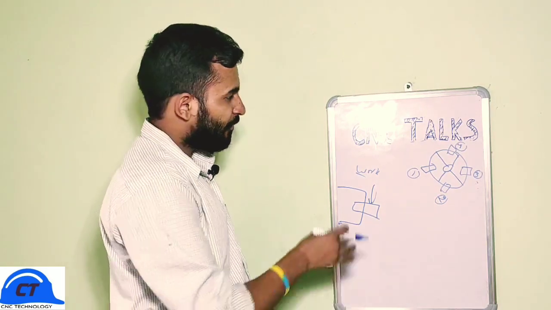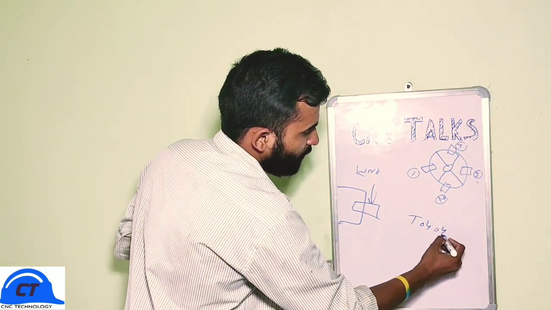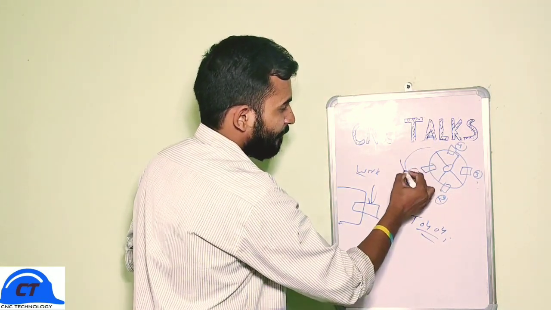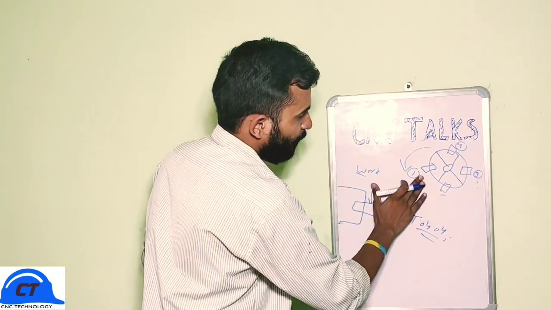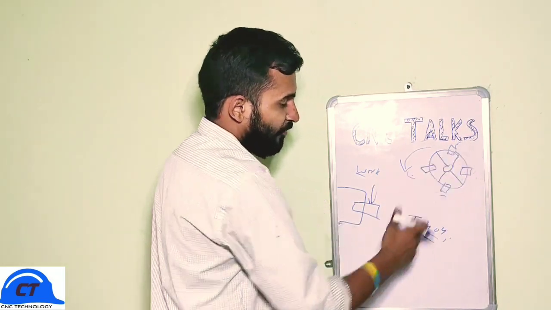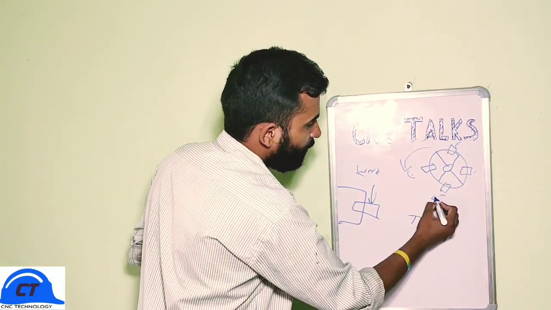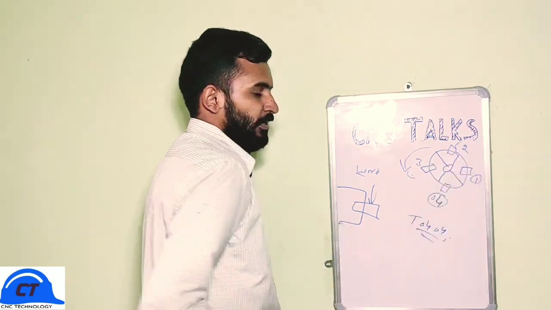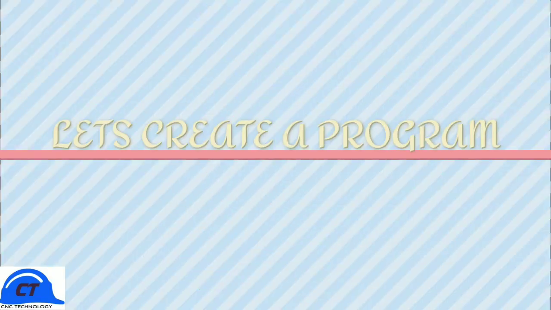So whenever we'll call a tool like T04, our tool turret will rotate and bring the required tool to the front. So if I call tool number 4, it will rotate and bring our tool to the front. So this is how a tool turret works in a CNC turning.